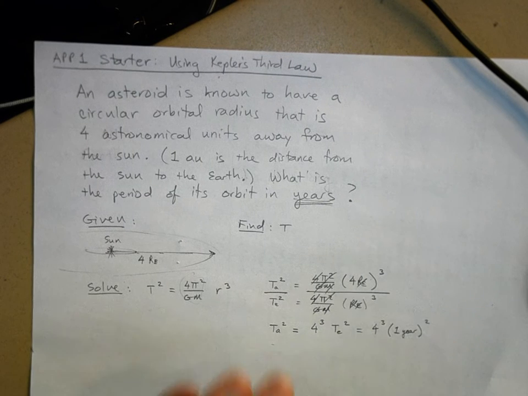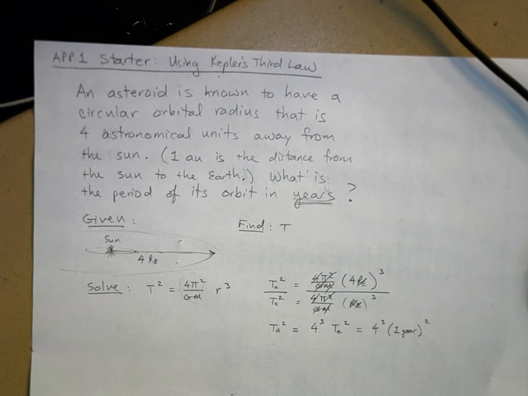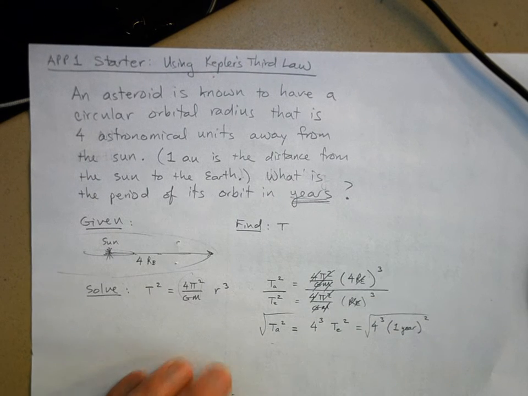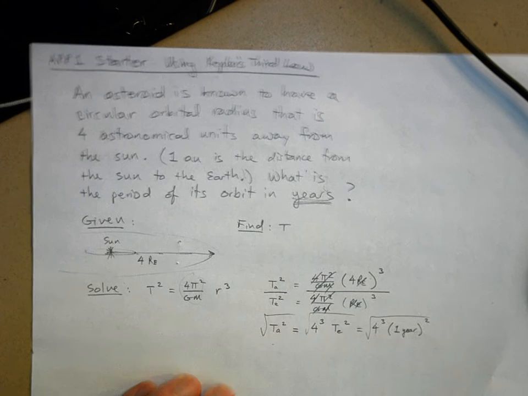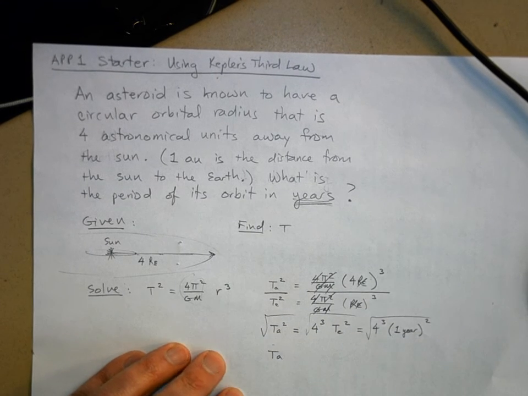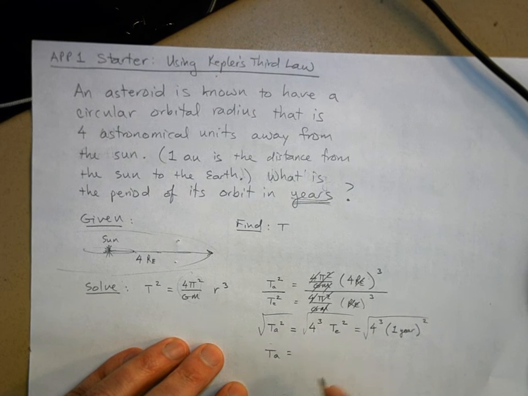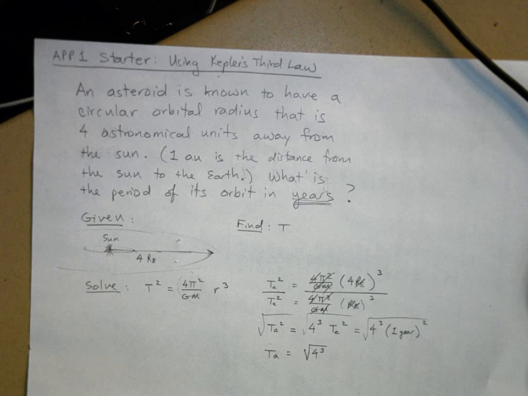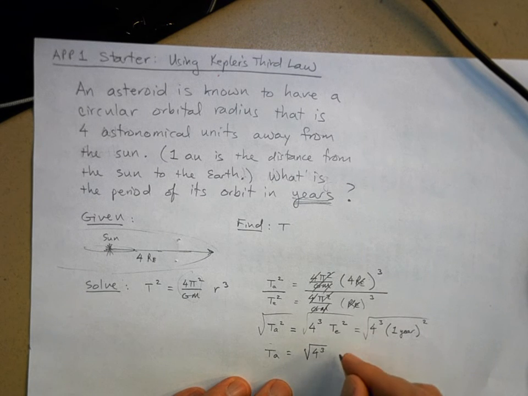squared. Well, what is 1 squared? 1. So we're going to take the square root of both sides. So we get the period of the asteroid is equal to the square root of 4 cubed times 1 year.